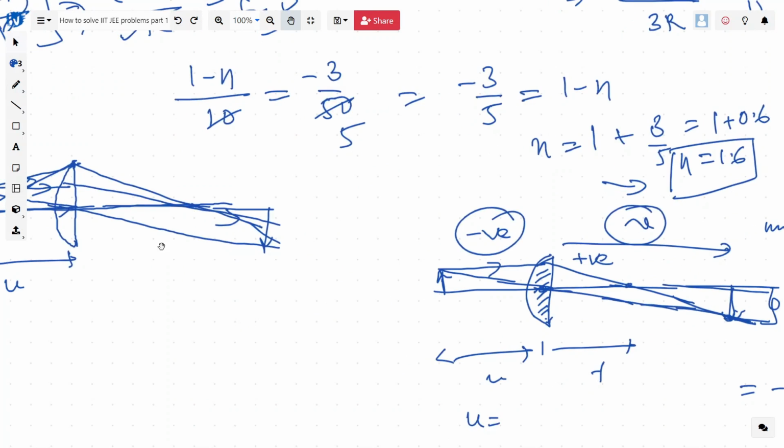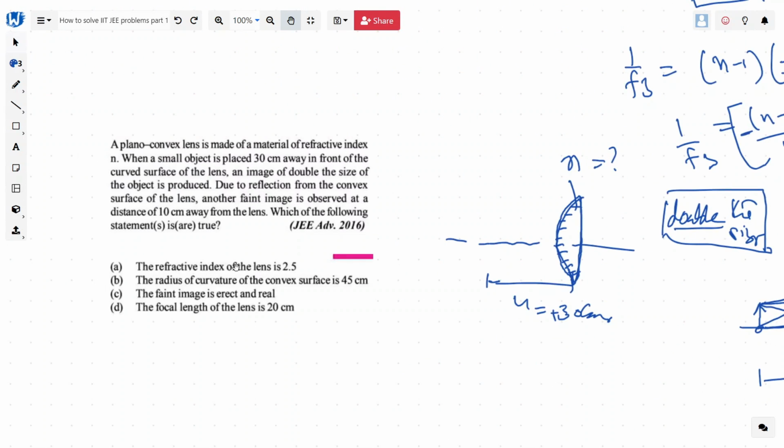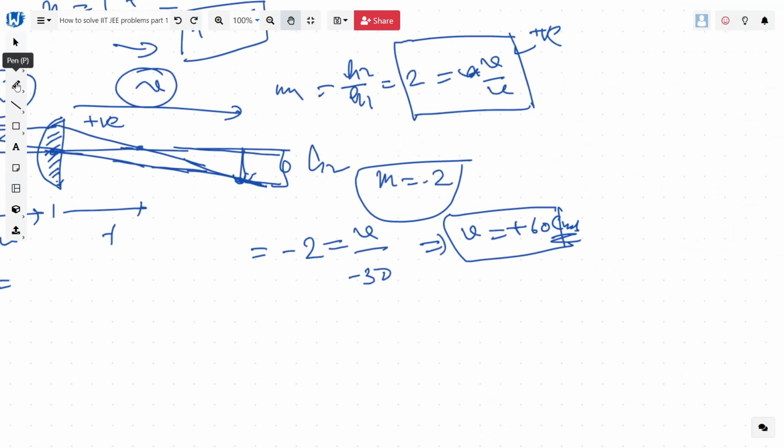And now let's look at the problem. We have all these things, right? So we find the focal length of the lens. And so first part, right? Let's do the first part. We know the U and V, so can we find the focal length? Yes. So our 1 by V minus 1 by U is going to be 1 by F. V is plus 60, and U is minus 30, right?